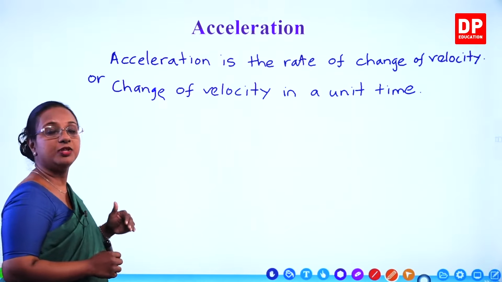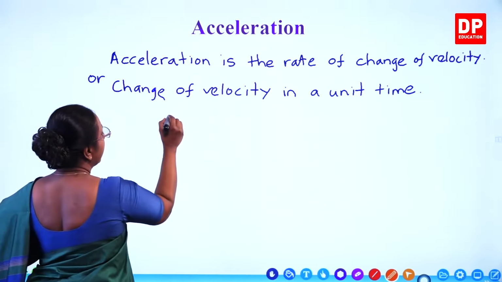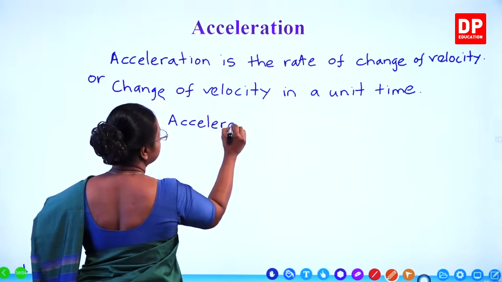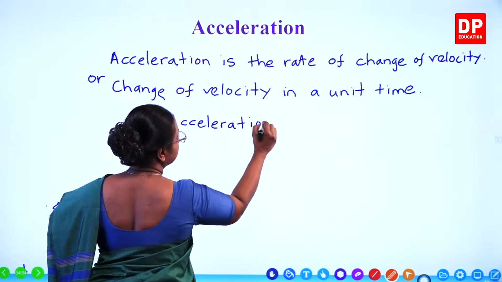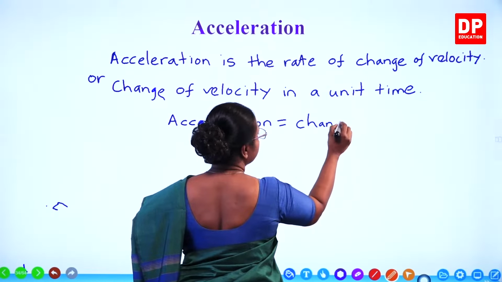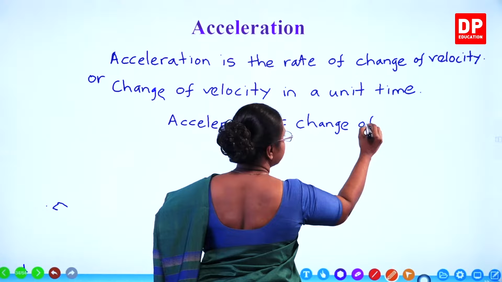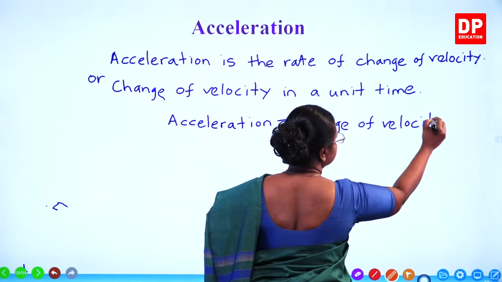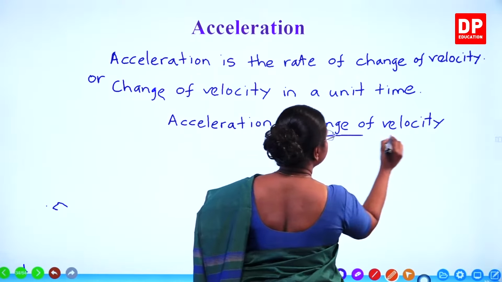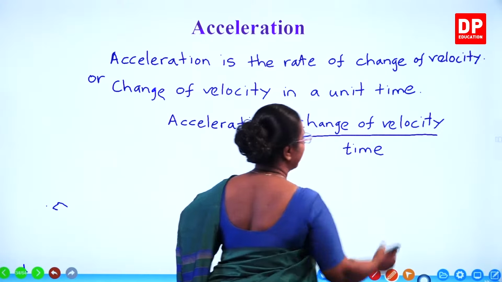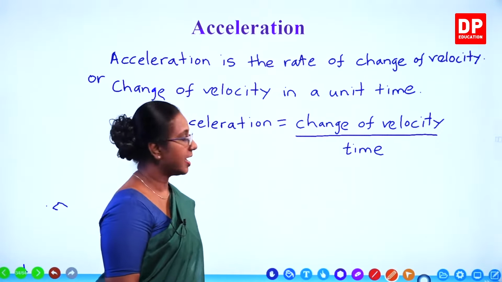If we put it into the equation form, acceleration is equal to change of velocity, we said in a time, so therefore we divide change of velocity by time.